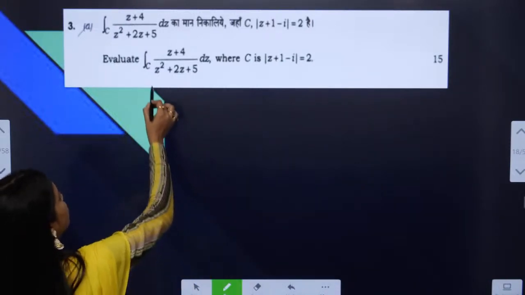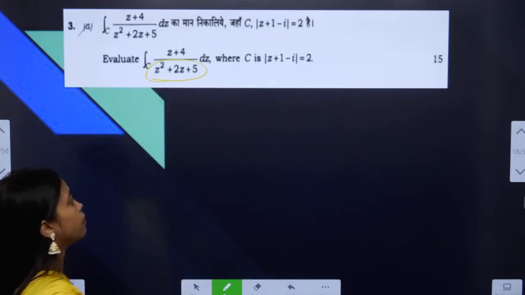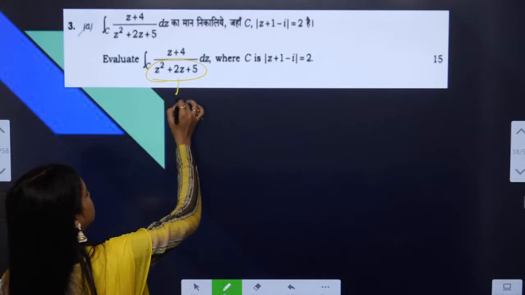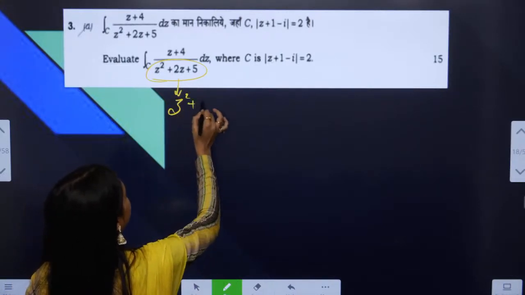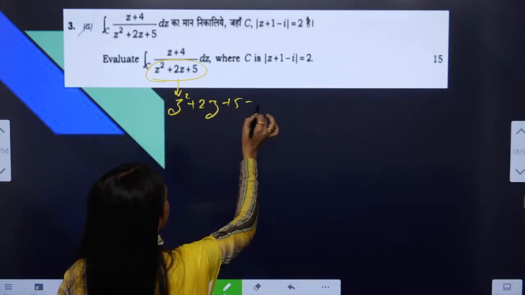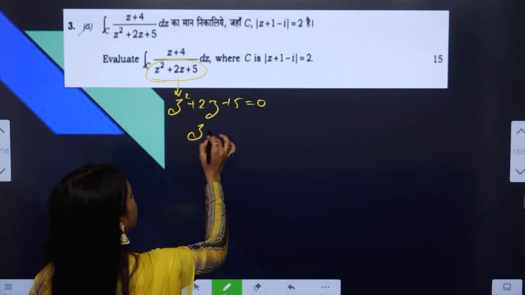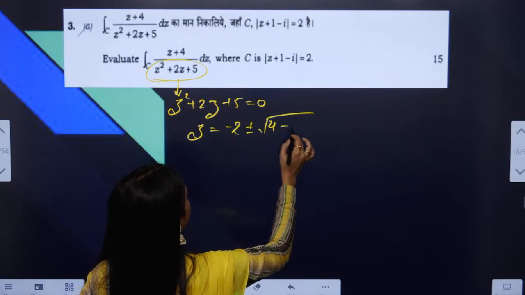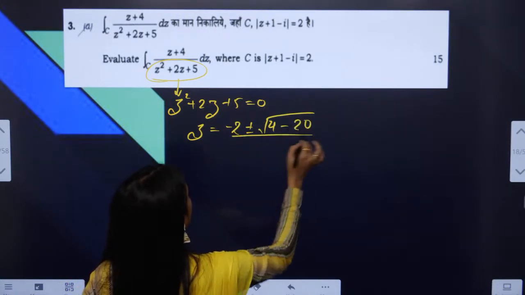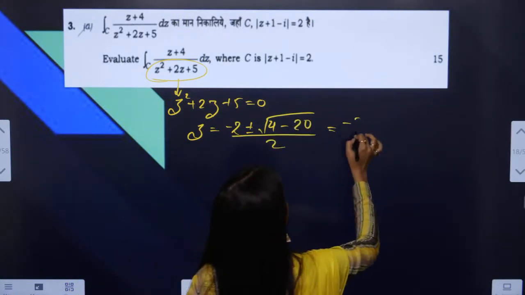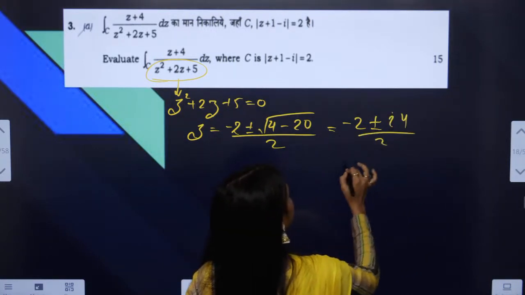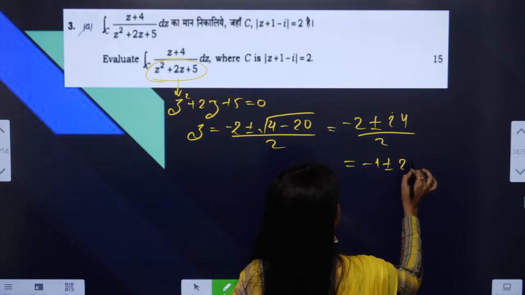Now the first job is to find the zeros of your denominator. This is z square plus 2z plus 5 equals 0, then z equals minus b plus minus square root of b square minus 4ac upon 2a, it becomes minus 2 plus minus iota 4 by 2, so it becomes minus 1 plus minus 2 iota.